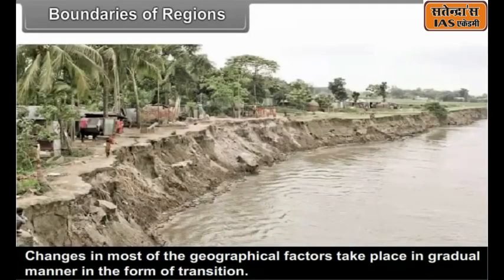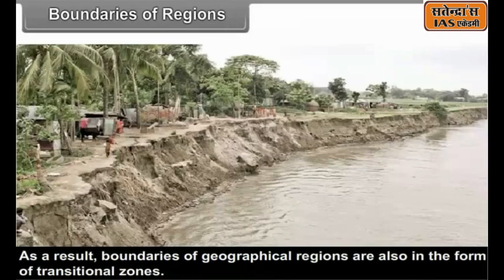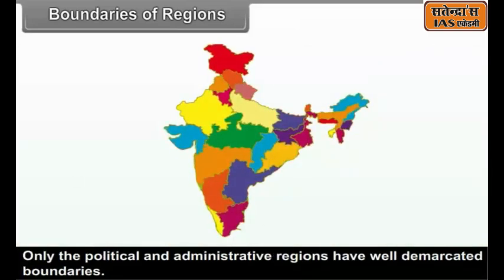Changes in most of the geographical factors take place in gradual manner in the form of transition. As a result, boundaries of geographical regions are also in the form of transitional zones. Only the political and administrative regions have well demarcated boundaries.